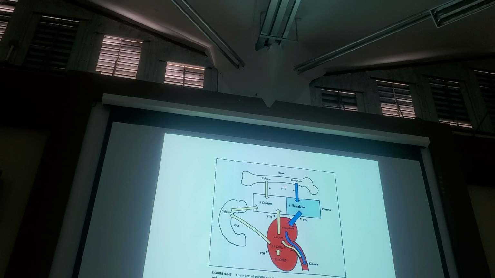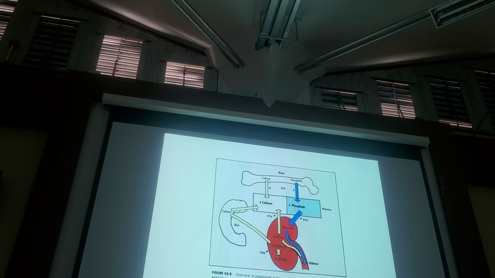But remember, we have just now said that the concentration of calcium and phosphate in the ECF is inversely related. Right? When one is high, the other one is low. So at this instance, the action of PTH on the bone will cause both increased calcium and increased phosphate.